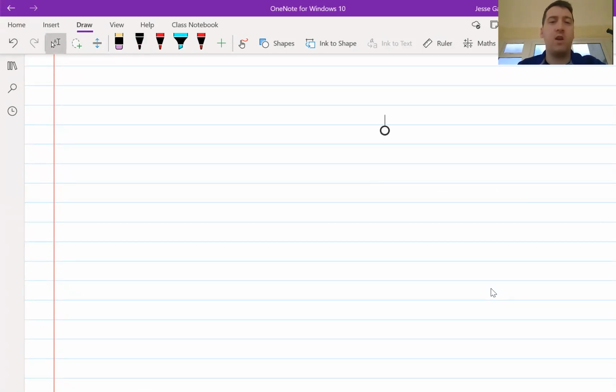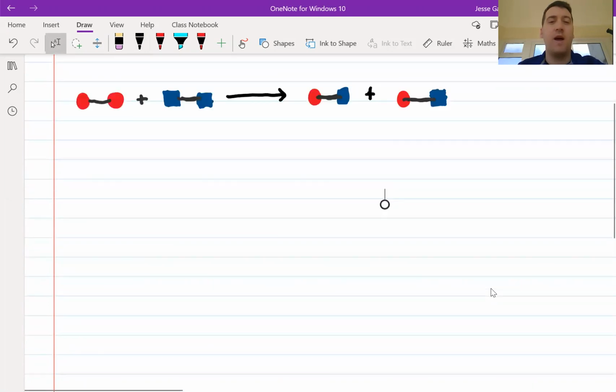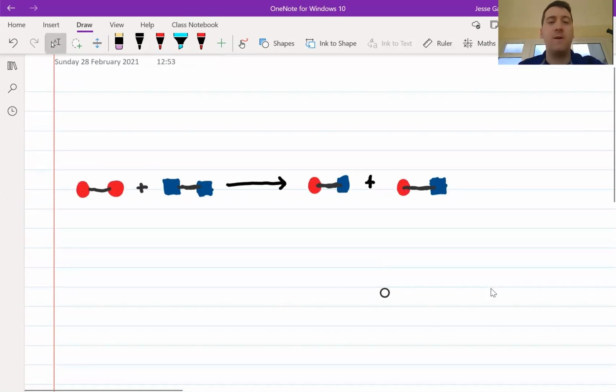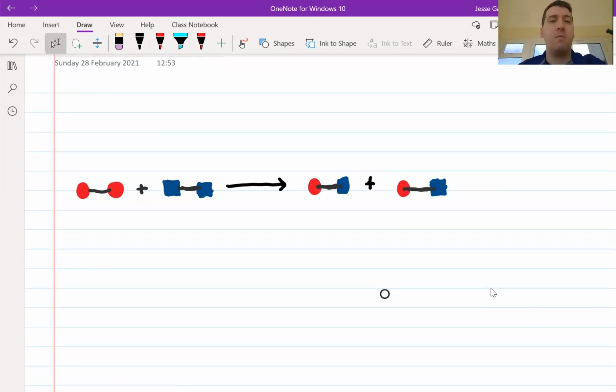In our previous lesson, we looked at making compounds from elements in chemical reactions. So this little model here is going to explain for us what's actually happening. What we have here is an arrow. This arrow is going to show us a chemical reaction that is happening. So we can break this little diagram into a before and after, a left and a right side.